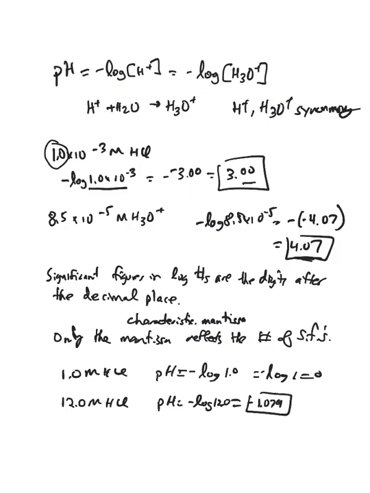It's actually a negative pH value. 12 molar HCl is the concentration of concentrated hydrochloric acid, and so it actually has a negative pH. And we had 3 sig figs in our original number. That means I'm going to have 3 decimal places in my pH number. So that's calculating pH of various solutions.